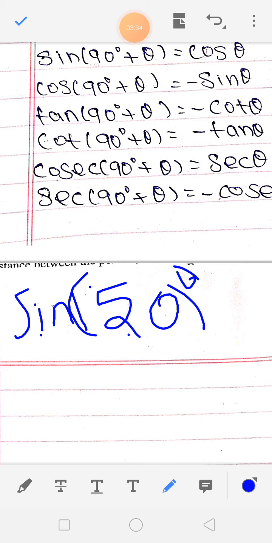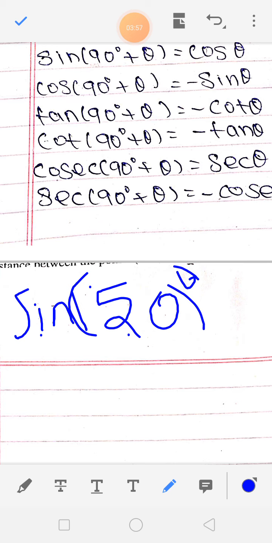We only know sine 0 degree, 30, 45, 60, 90. For these degrees only we know the values. But sine of 150 degree is not in the trigonometric table. So I have to change that 150 degree into values that we know.